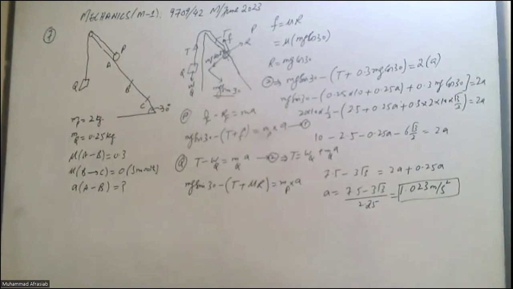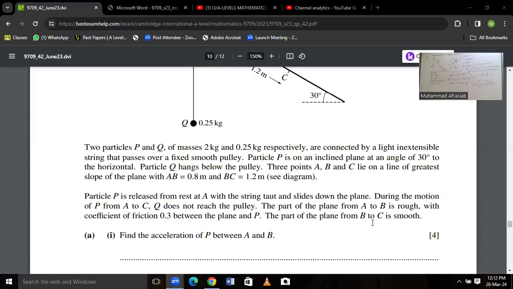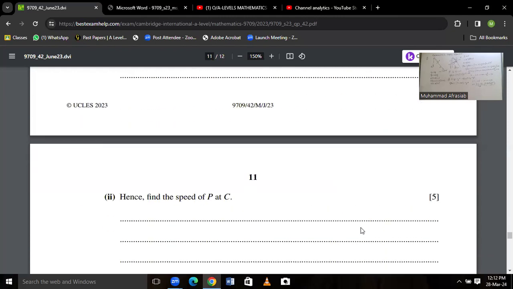So that is the first part of that question. Now for the second part, hence find the speed of P at C.